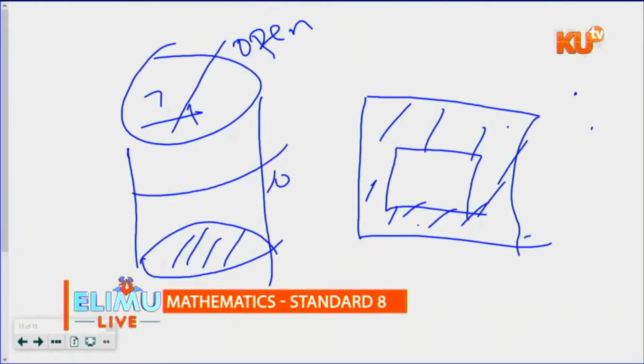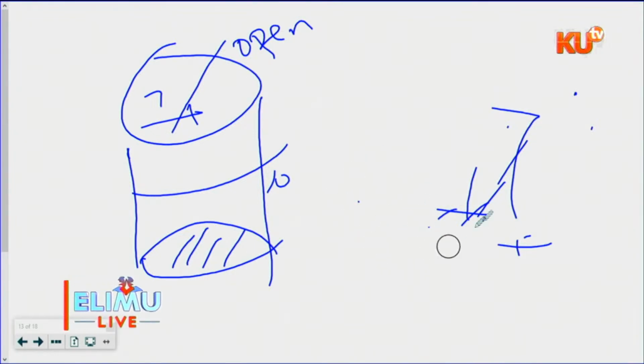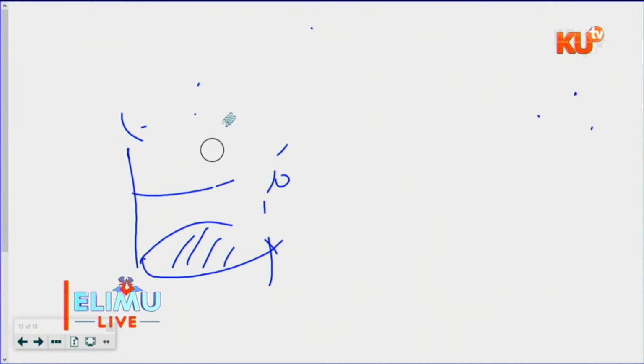Good question, Esther. When we talk of a closed cylinder painted white on the curved part only, what does the question ask? It simply asks for the surface area of the curved part.